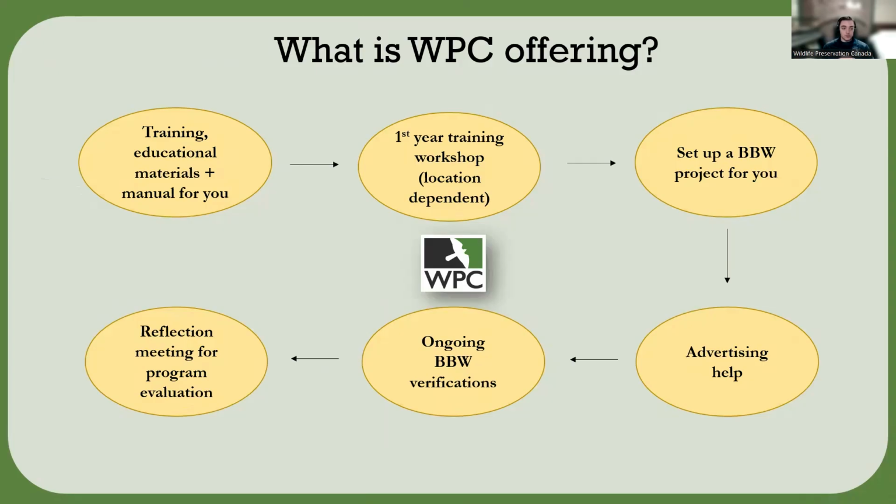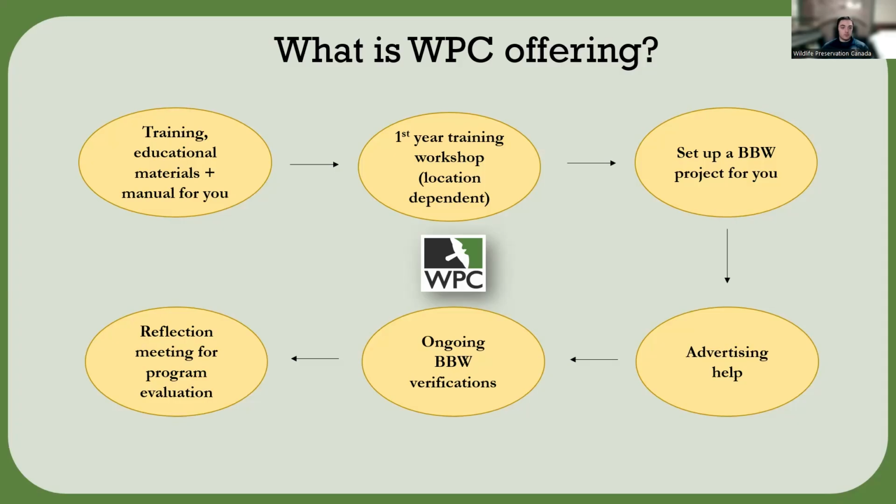So before anything is even established, we provide the training, the educational materials, and the community science manual to you as the host. We would help you, depending on your location, run your first year's training workshop, after which subsequent years will be handled by the host independently, though we can still offer assistance wherever needed.